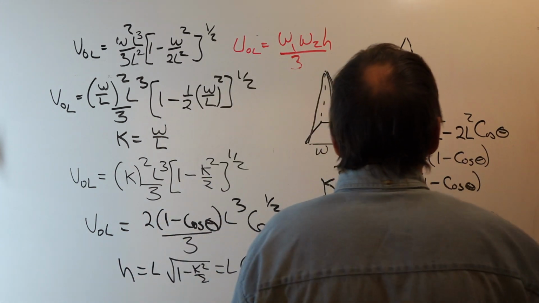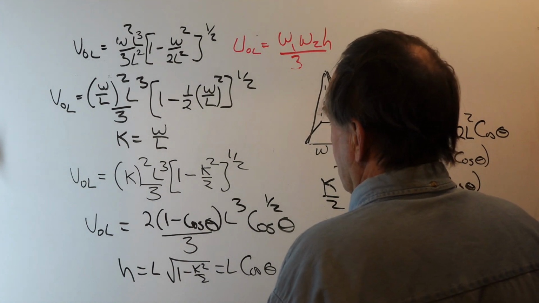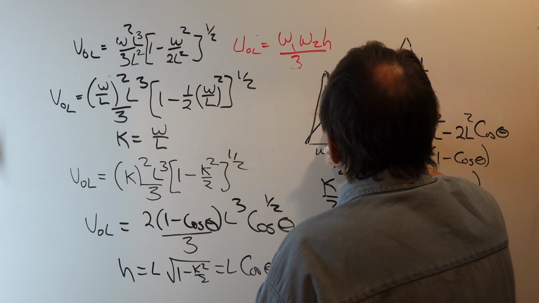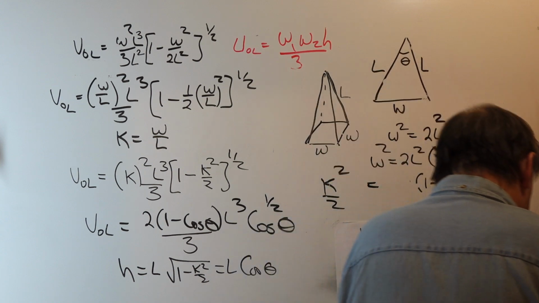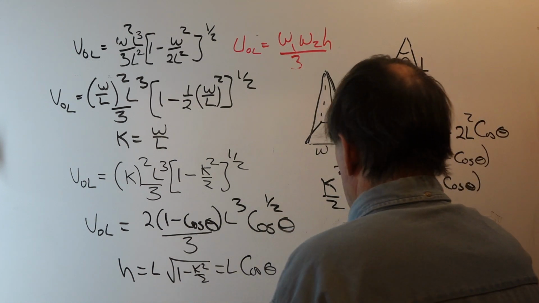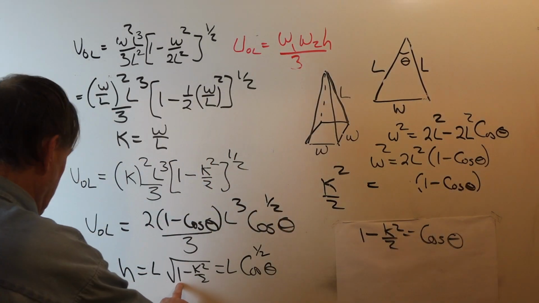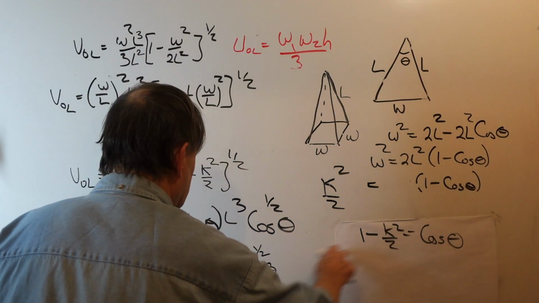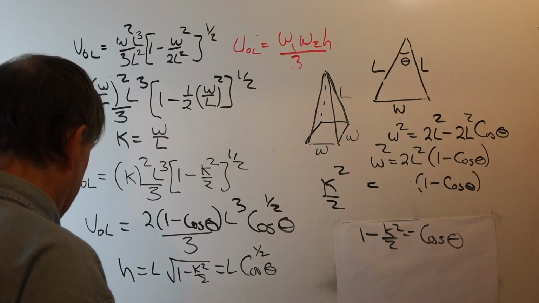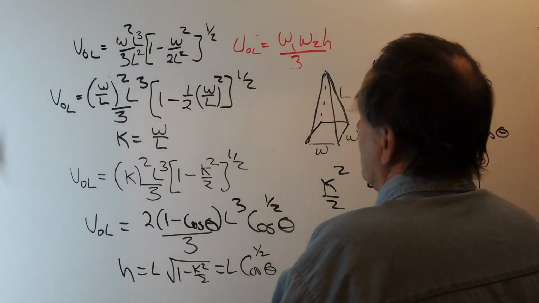And we can see that the height is just going to be that to the 1/2, I'm sorry, it's the square root of 1 minus K squared, so that's L times cosine to the 1/2. So there are our expressions. These are what we'll be using.